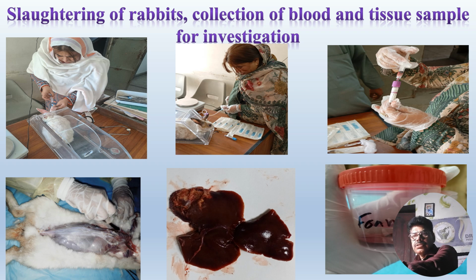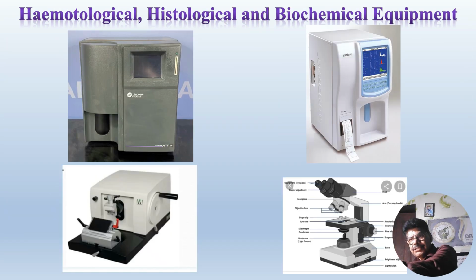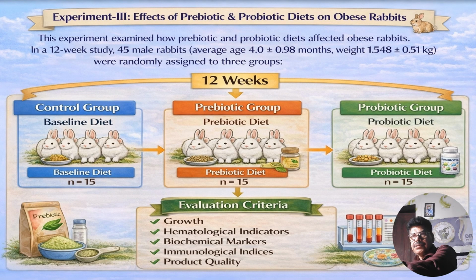So the tissue from the liver, kidney, intestine, and heart was taken and processed. These were the hematological, histological, and biochemical equipment used for the experimental purpose.